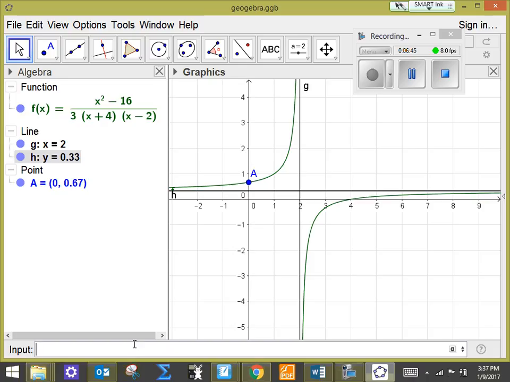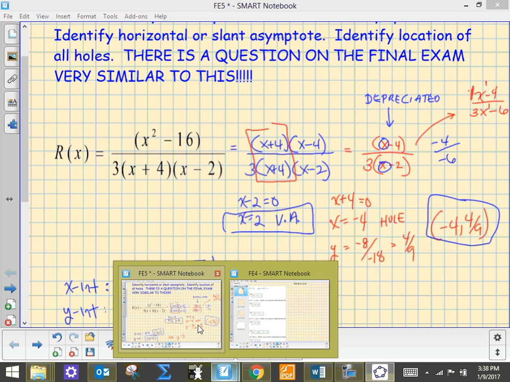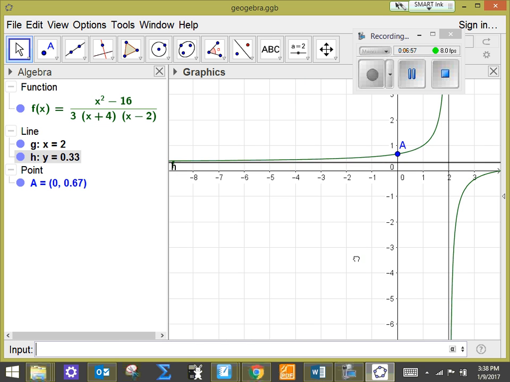And then we had a hole at -4, 4/9. So I'm going to find -4 over here. What I'm going to do is move a. So I'm going to move a here, move it over to -4. Oh, I got to attach it.